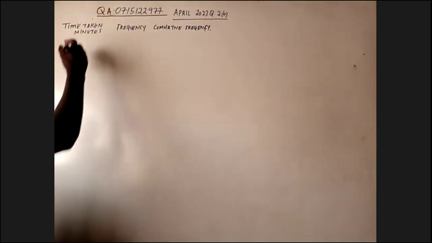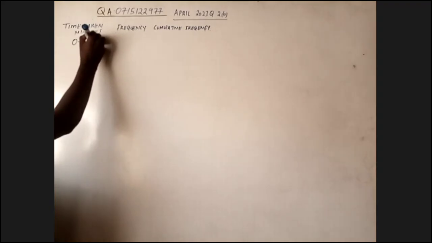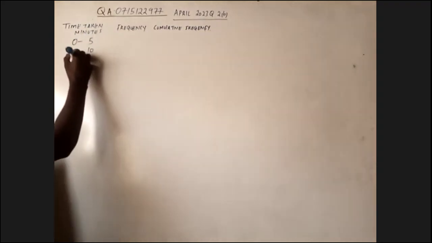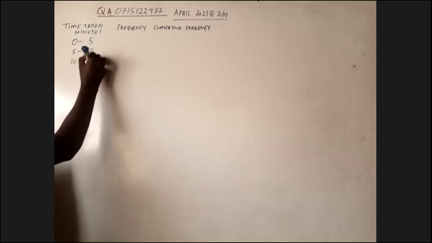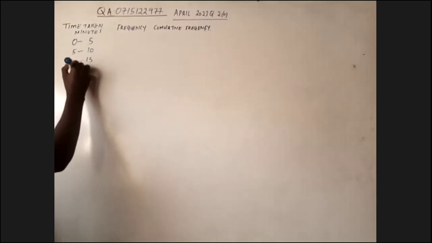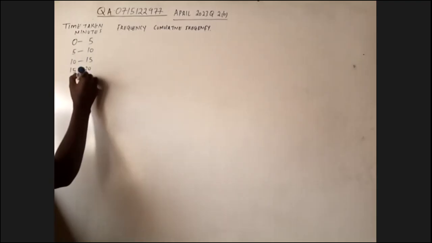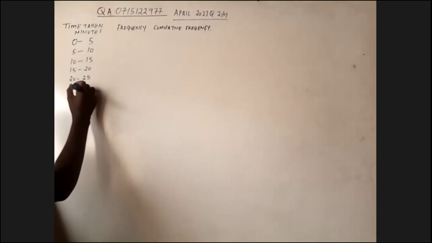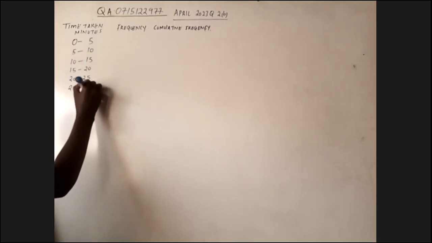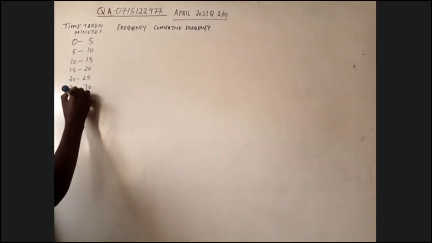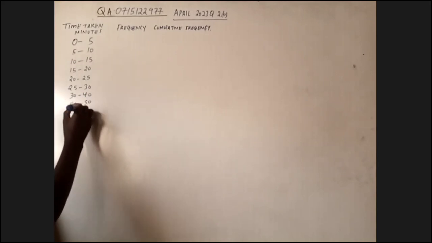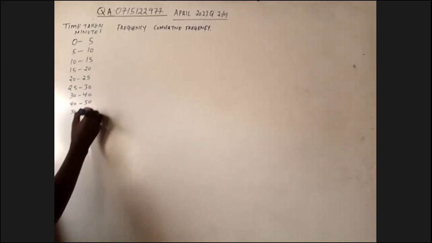So you have 0 to 5, 5 to 10, 10 to 15, 15 to 20, 20 to 25, 25 to 30, 30 to 40, 40 to 50, 50 to 60.